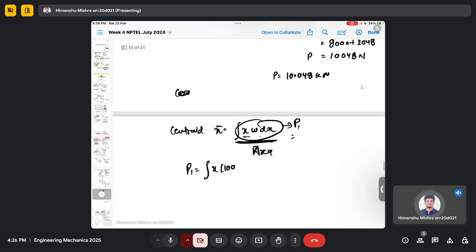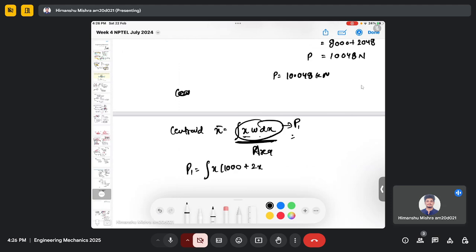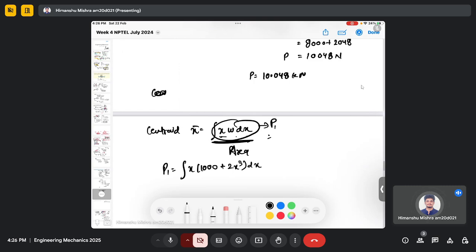So basically, this is my expression of centroid. In general, the expression of centroid can be given by this. I refer to x bar as the centroid because this quantity depends only on geometric properties like area and volume: in the two-dimensional case it is the area, in the three-dimensional case the volume.